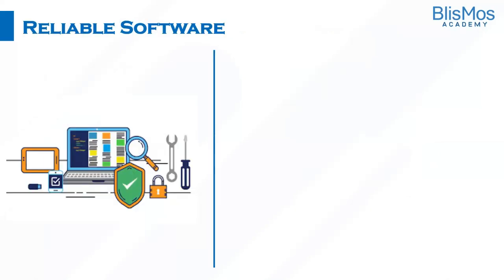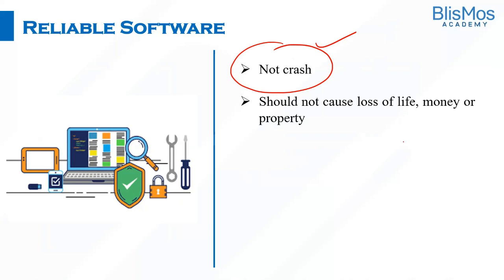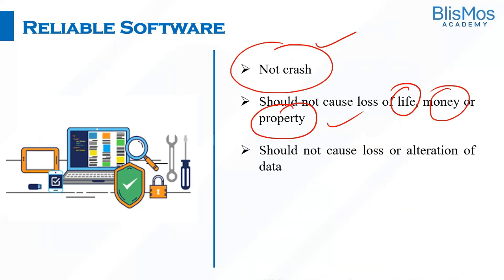What am I talking about when I say reliable software? When you are trying to use a software, it should not crash. While using the software, it should not cause the loss of life, loss of money, or loss of property as well. When you are using a software, you do have data which is taken care of.